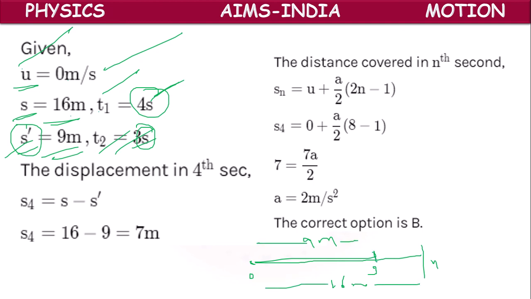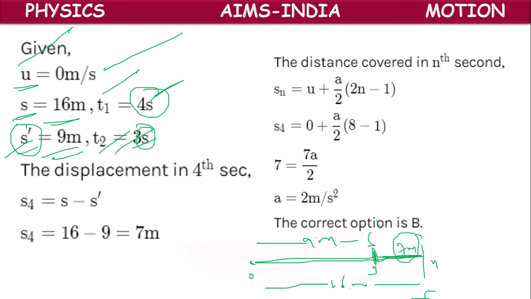What is the distance traveled only in this particular second, third to fourth? Out of 16, this 9 we have to remove, which is equal to 7 meters.